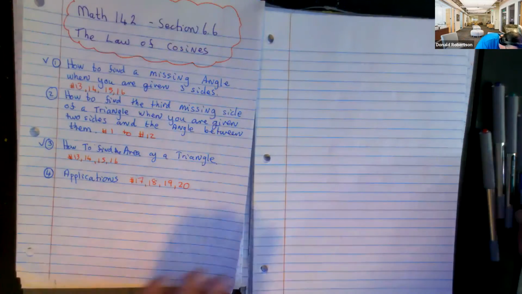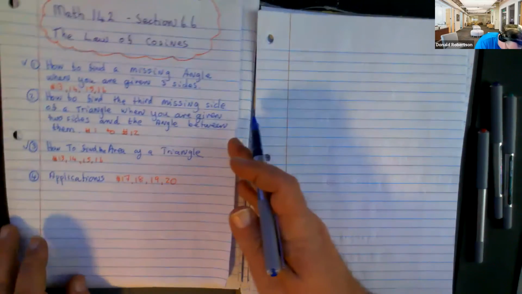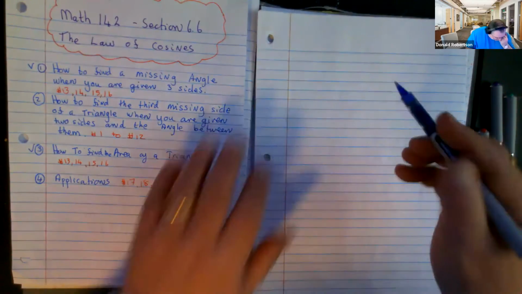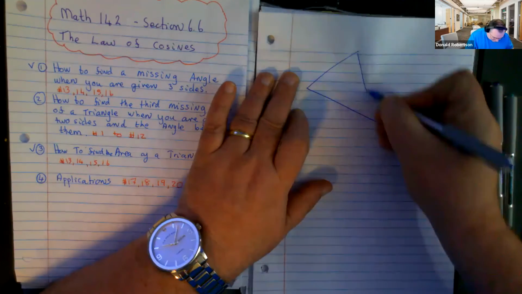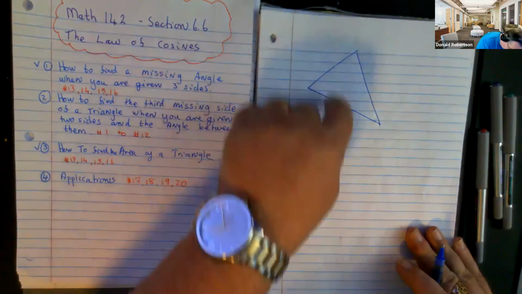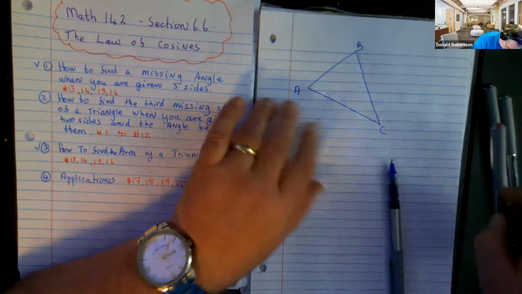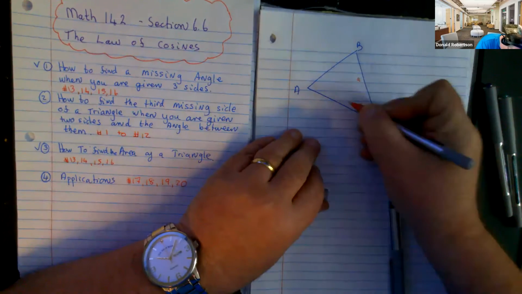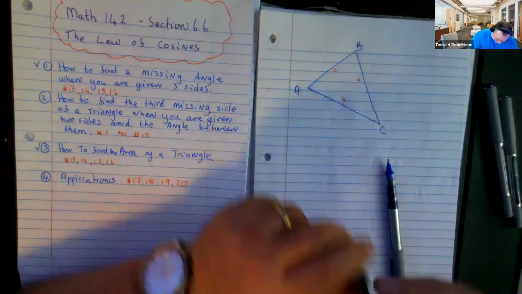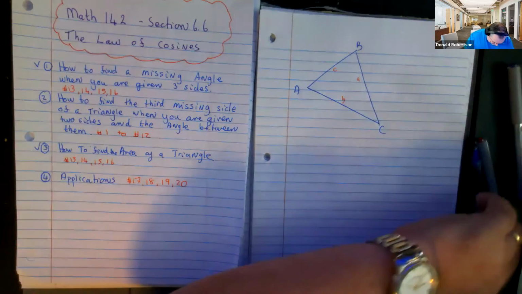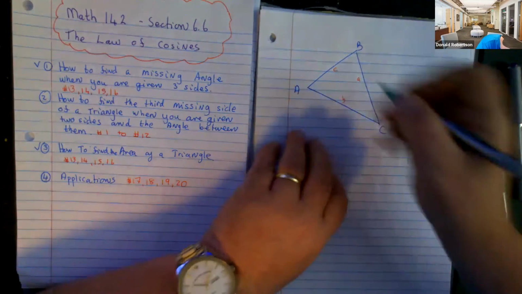So the next question we want to talk about, and we're going to do 2 of these, is going to be the questions where the information is 2 sides and the angle in between. So call this A, B, C. There's a little a, there's a little b, a little c. It's 10.